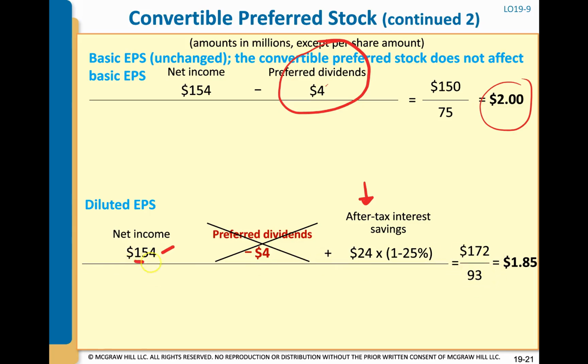And so then I have 154 plus, this ends up being 18. And so that gives me a new net income of 172 divided by the additional shares being included for the preferred stock conversion. And my new diluted earnings per share is $1.85.